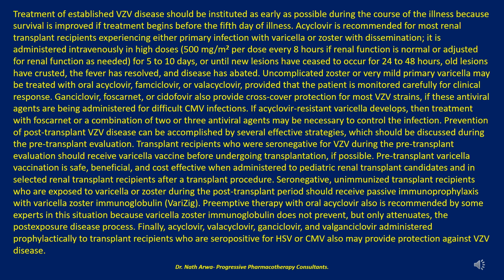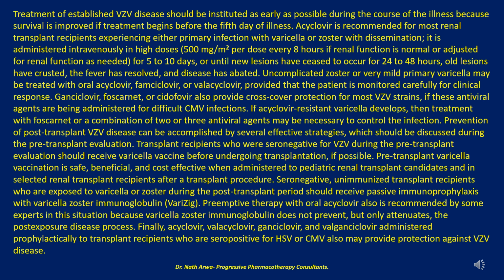It is administered intravenously in high doses, 500 mg per meter squared per dose every 8 hours, if renal function is normal or adjusted for renal function as needed, for 5 to 10 days, or until new lesions have ceased to occur for 24 to 48 hours, old lesions have crusted, the fever has resolved, and disease has abated.